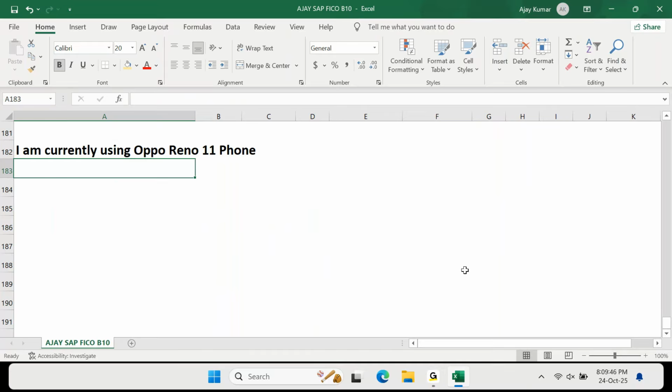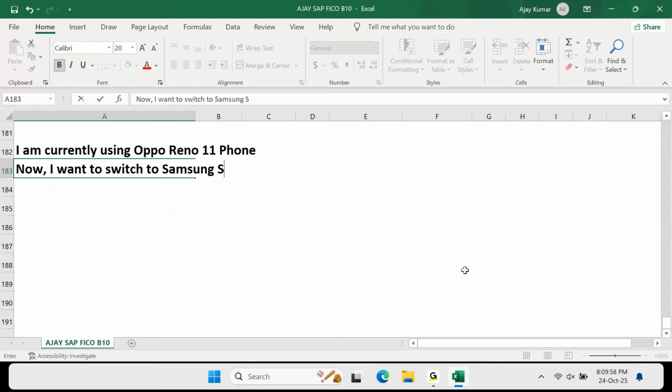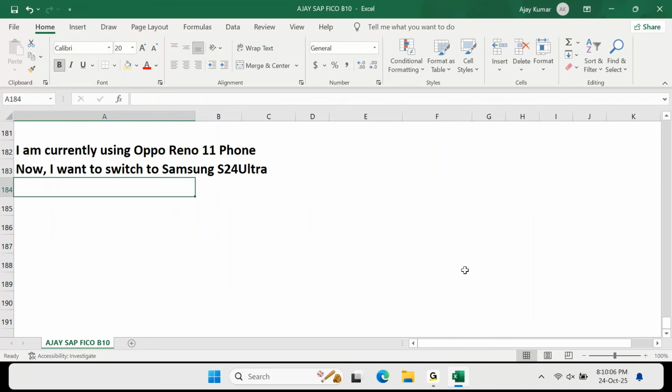Now, I want to switch to a Samsung S24 Ultra. Possible? Now, what I'll do for this, straight away, I will go to a shop.